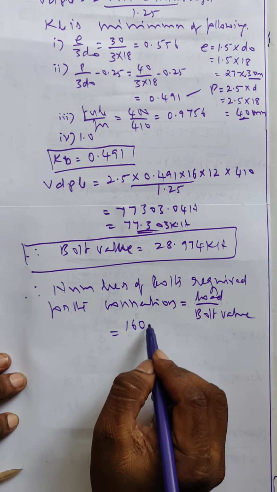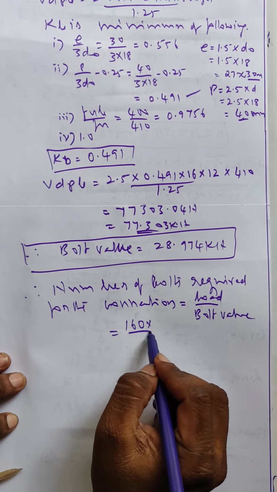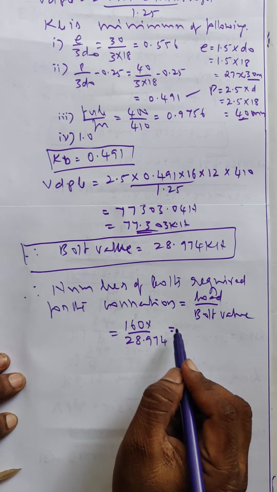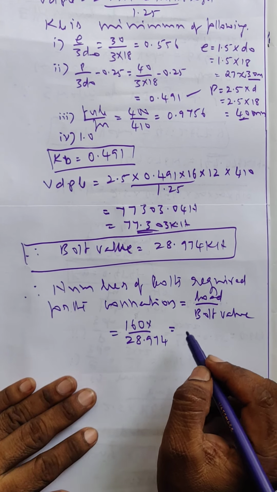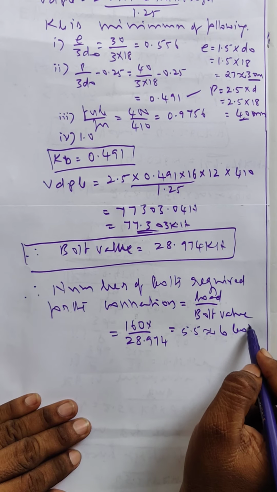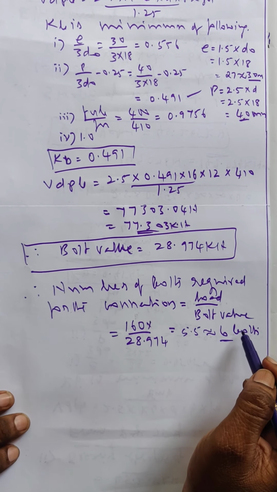Load is given as 160 kilonewton. 160 divided by 28.974, it comes nearly 5.5. Say 6 bolts. We have to provide 6 bolts.